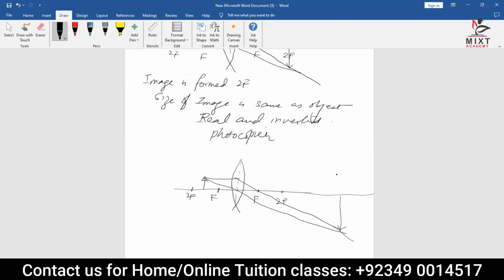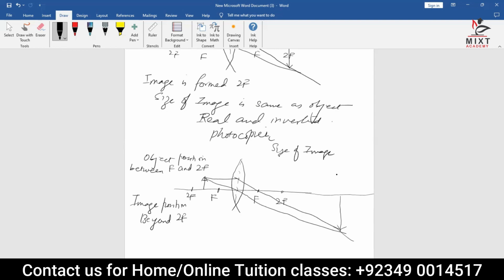So here, what will the object position be? Between F and 2F, and the image position is beyond 2F. And what is the size of the image?